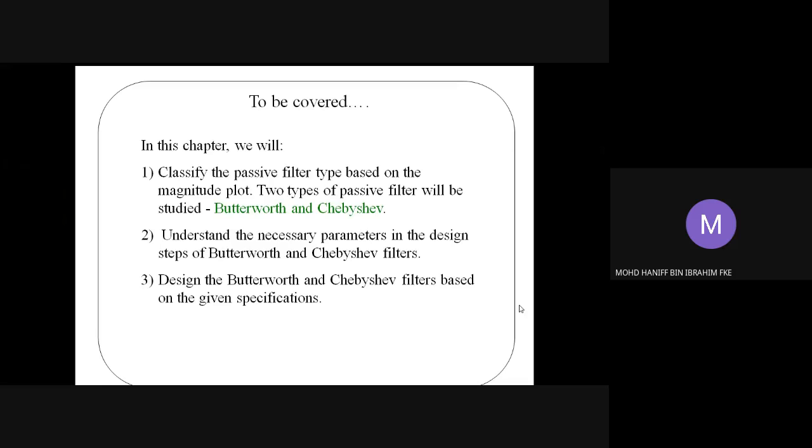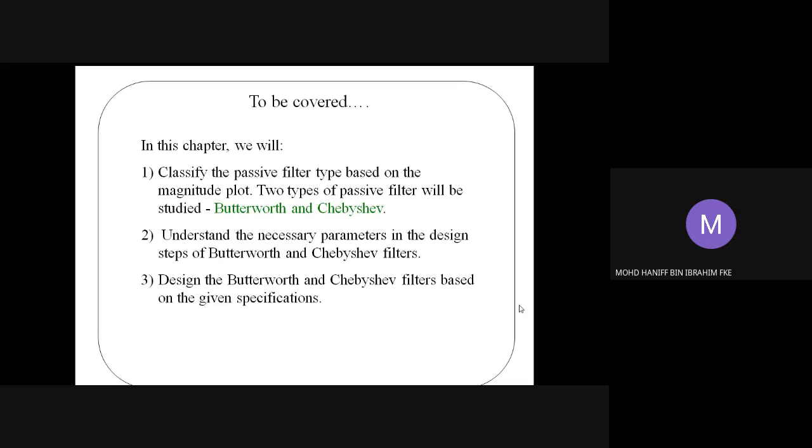Number two, once you understand these filters, in the second part of these lectures we are going to learn about the parameters that will be very useful in the design steps of the Butterworth and Chebyshev filters. You have to understand what parameters are required in the design process.